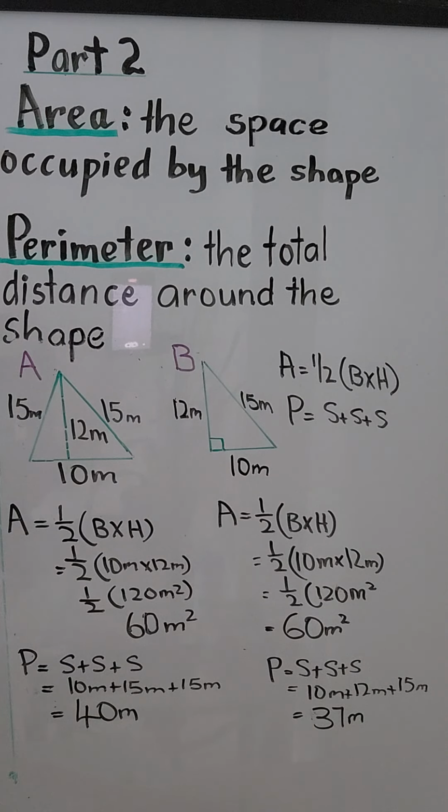There you have it, area and the perimeter of two different types of triangle.